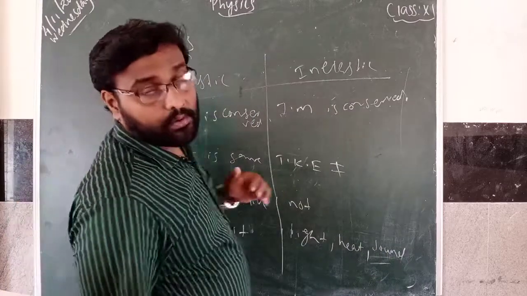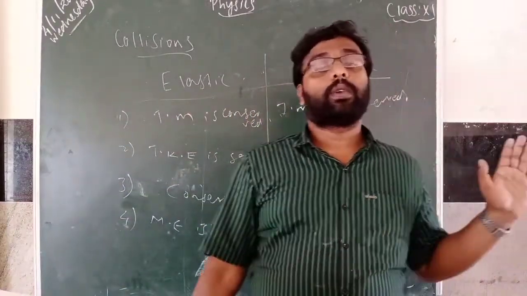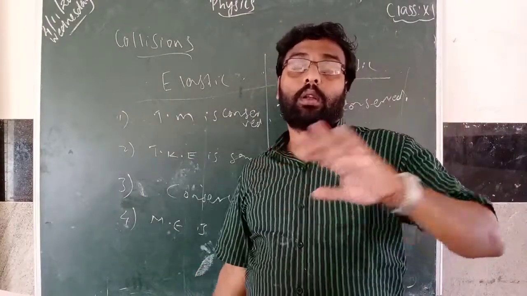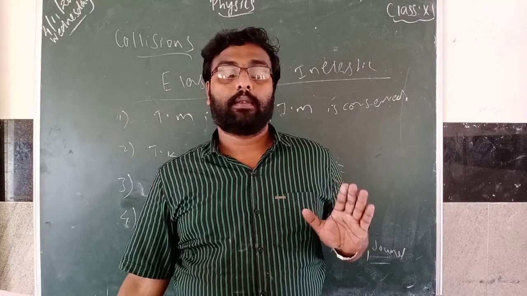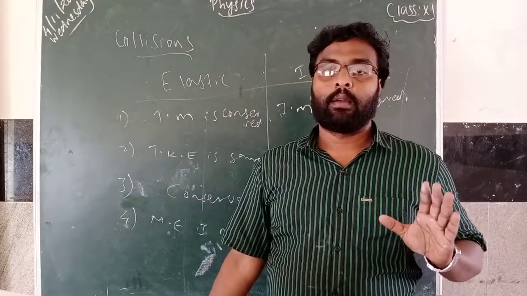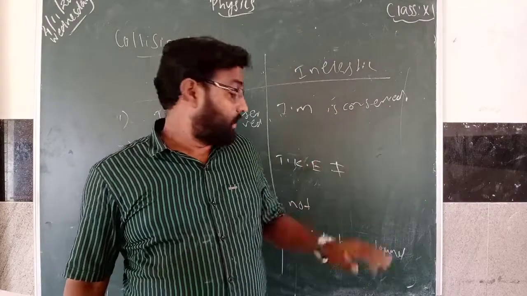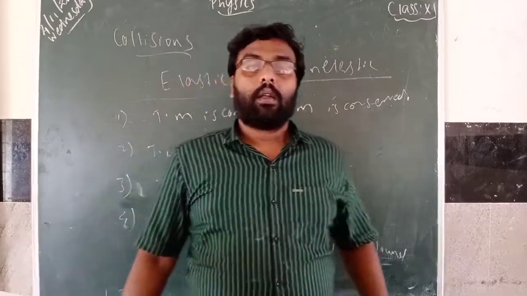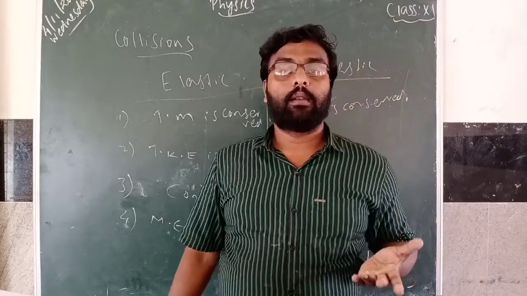Mechanical energy is not dissipated during elastic collision. Energy is not wasted. Energy is not lost during elastic collision. That is what dissipated means. And during inelastic collision, energy is dissipated in the form of light, heat and sound.